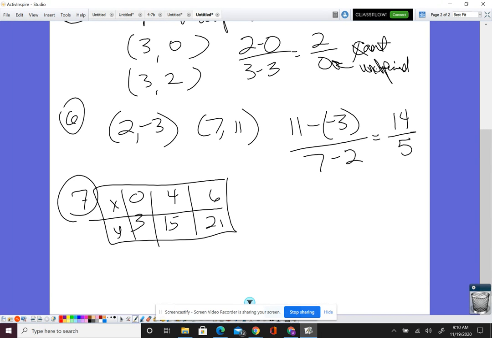So right away, you don't even have to do any calculations on this one if you recognize that 0, 3 is where it's going to be hitting the y-axis at 3 instead of having a y-intercept of 0. So it's not a direct variation because it has a y-intercept of 3.